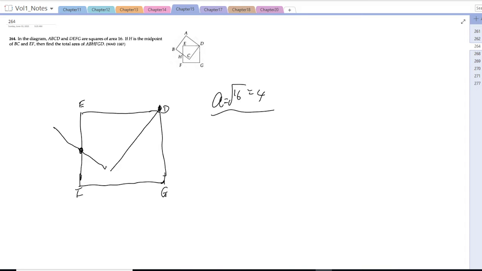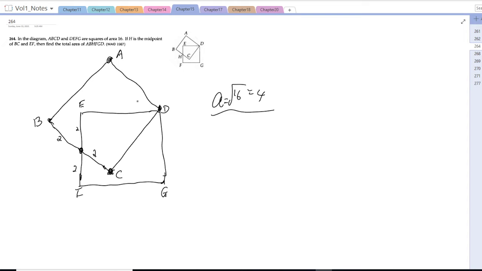So it is A, B, C. You can see this is the midpoint, which means this is 2 and 2 and 2 and 2.